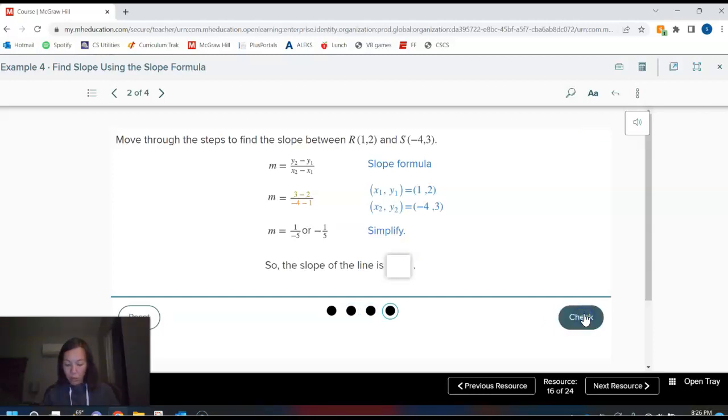Okay, so in the book on page 197, they do this the other way around. So they switch it and make this x1, y1, and this x2, y2. So fill this in and let's see what happens here.